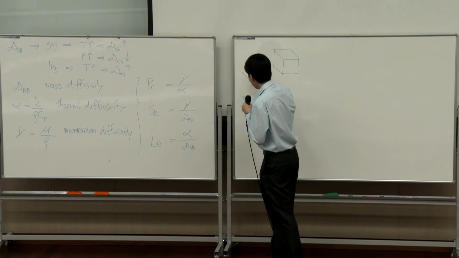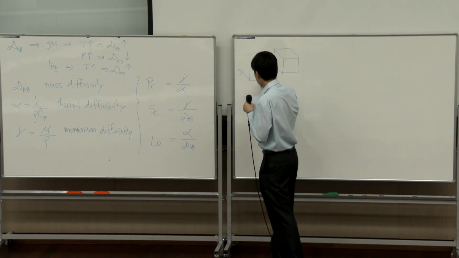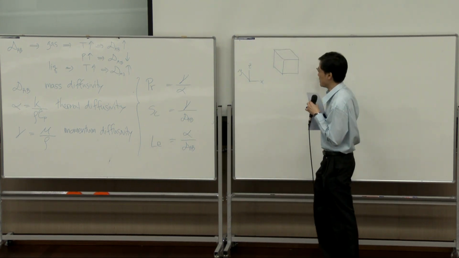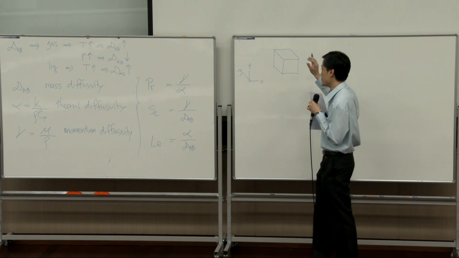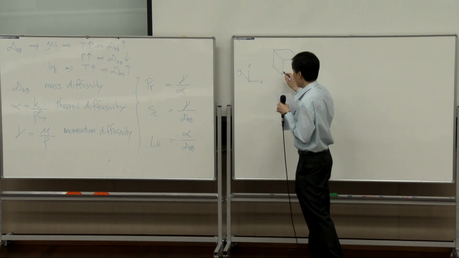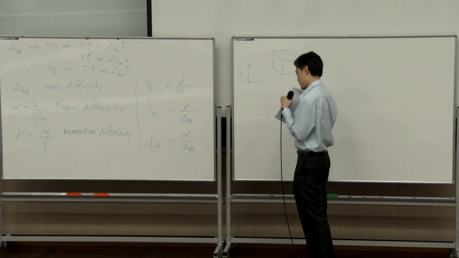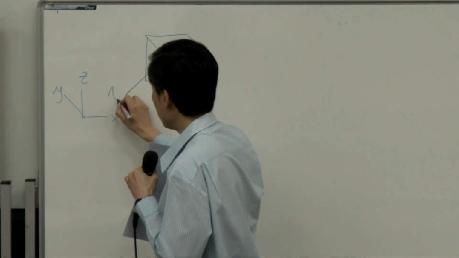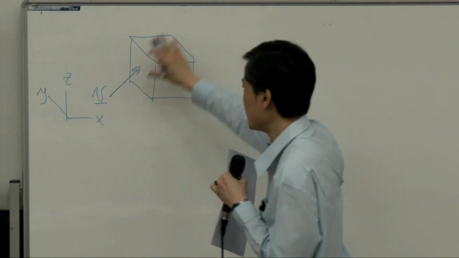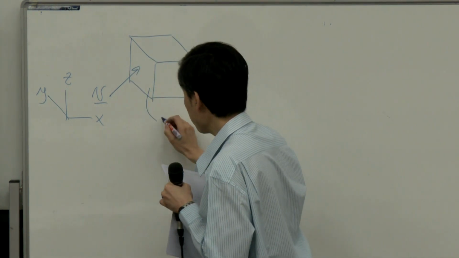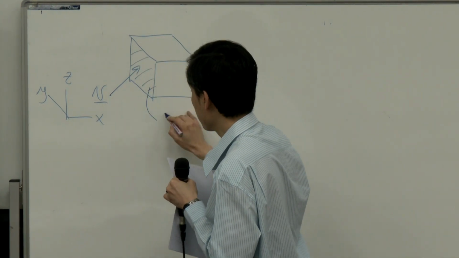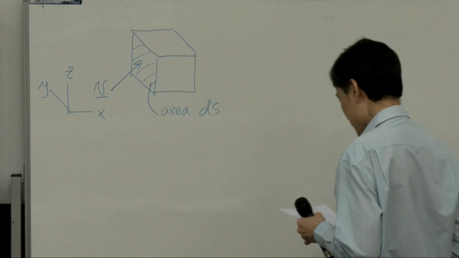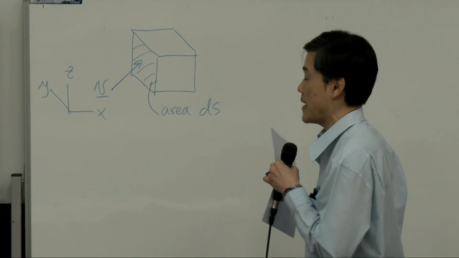So let us look at the system. This is Y, X, Z, as we previously did for mass, for energy and momentum. If we have velocity, let's say velocity V in any direction, going into the cube, if this area is called dS. Okay?